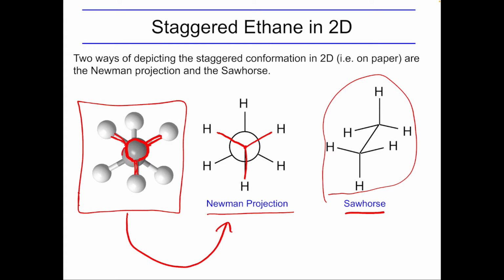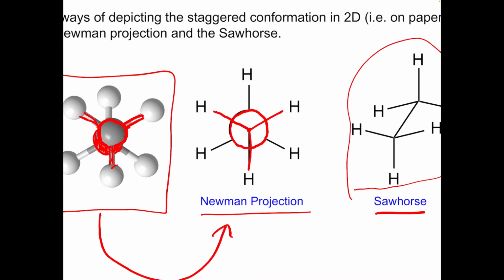Now the back carbon, which you can see in the structure here, is behind the front carbon. We exaggerate its size in the Newman projection, and we draw it as this big circle that you see here on the right. It has three hydrogens coming from it.